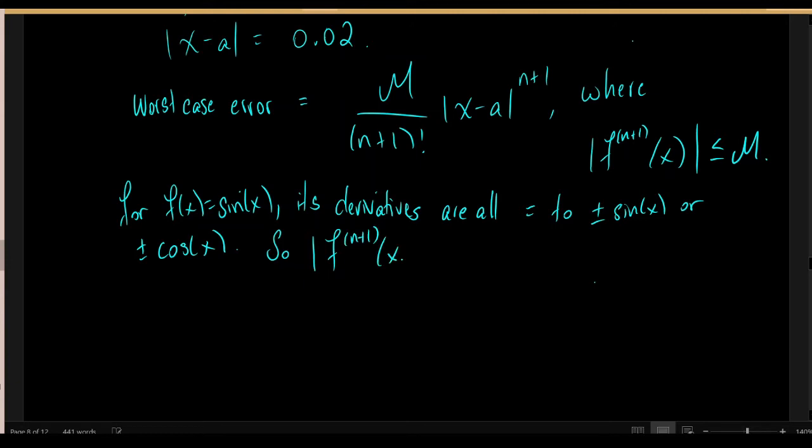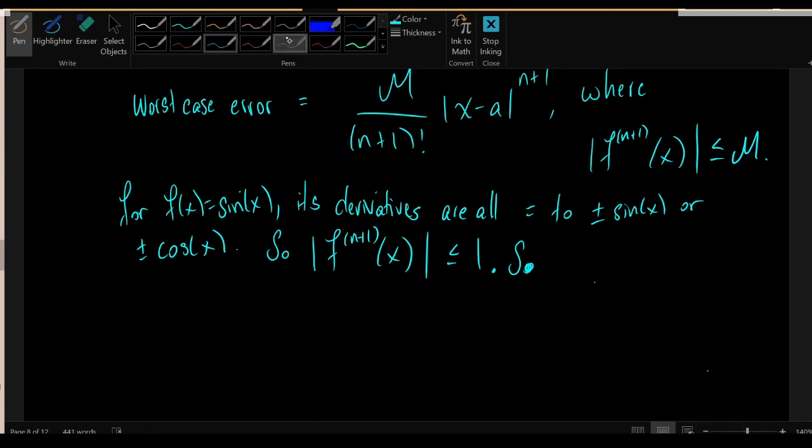No matter what derivative you take, the absolute value of that is always going to be less than or equal to 1, because plus or minus sine, plus or minus cosine, those functions are always bounded between -1 and 1 in value. So that number 1, which bounds the values of our derivatives, is the number m for this particular application.